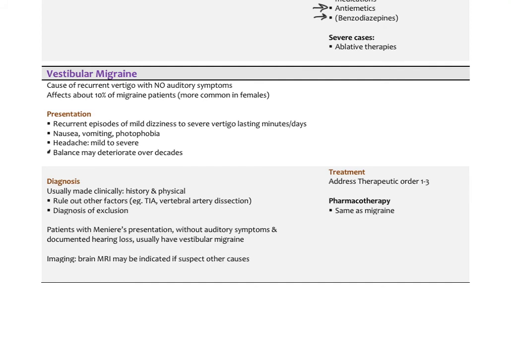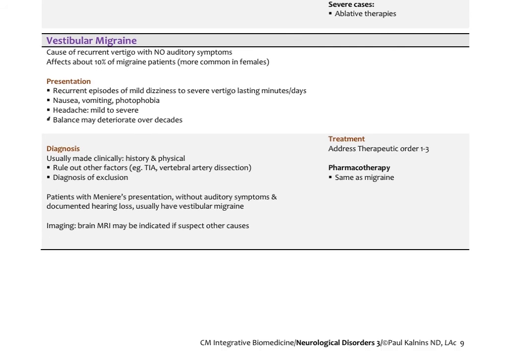So the diagnosis is usually made clinically with history and physical exam. After ruling out other factors, TIAs, vertebral artery dissection, etc., we basically call this a diagnosis of exclusion. So again, this is similar to patients with Meniere's, but without the auditory symptoms and so forth. So patients with vertigo without auditory symptoms and documented hearing loss, typically now we say they have vestibular migraine, not Meniere's.